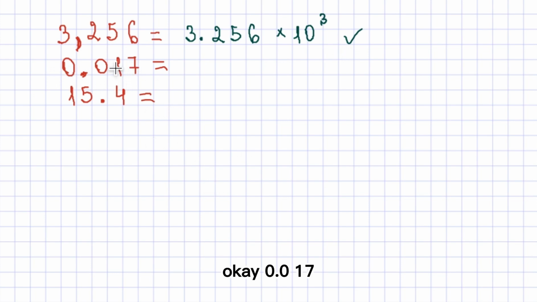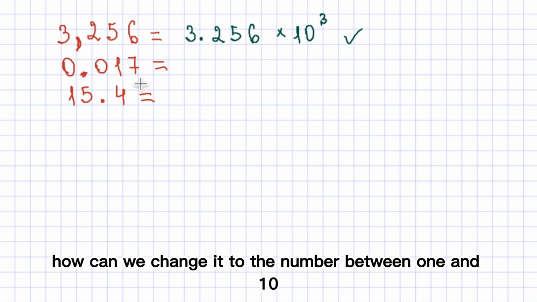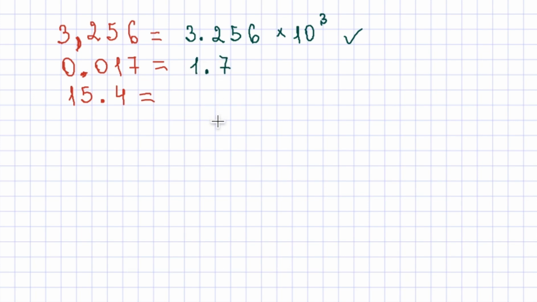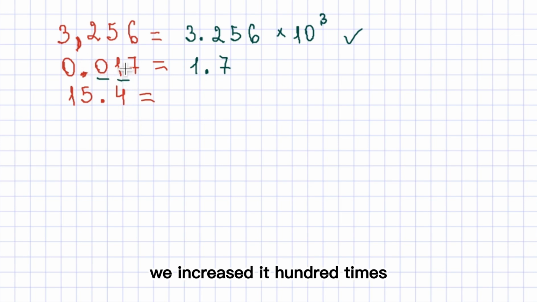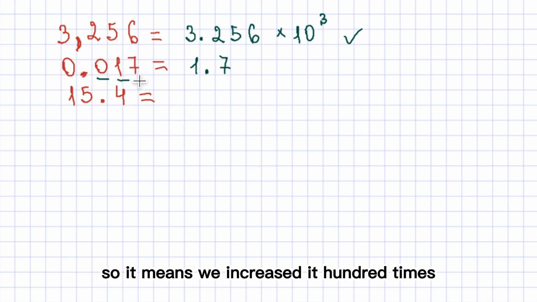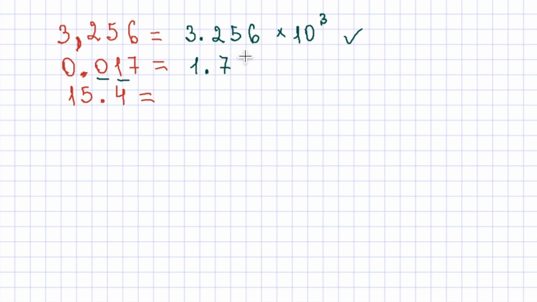Okay, 0.017. How can we change it to a number between 1 and 10? We know that we can write it as 1.7. What did we do? We changed our number. We increased it 100 times. We changed the position of the point 2 places to the right, so it means we increased it 100 times.